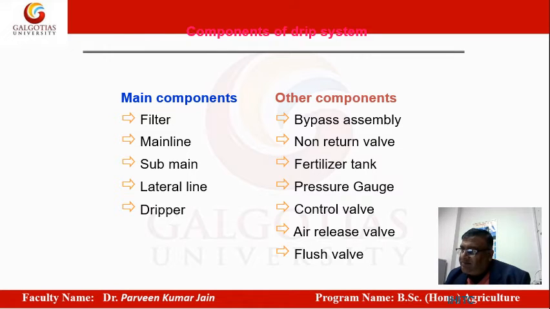There are lots of impurities, and it is very important that the water source, the water which you are going to use in the drip system, has to be totally cleaned and made free from impurities.